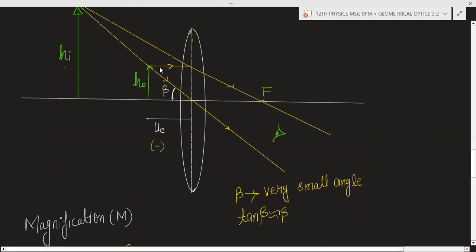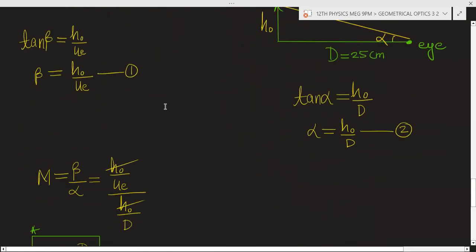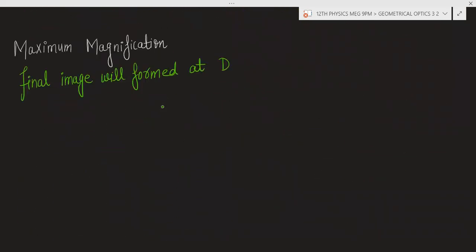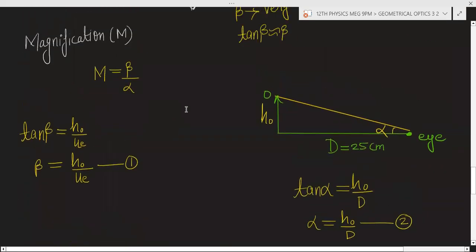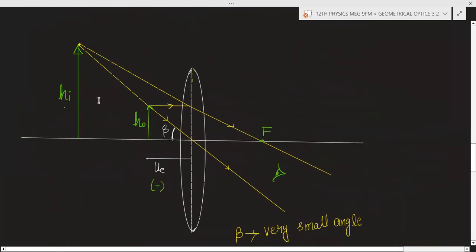Because this is in the opposite direction of the incident ray. So the object distance we will take as minus UE, and the image is forming at a distance of D on the same side as the object. Sir, why didn't you take minus UE before? Why are we taking minus UE?